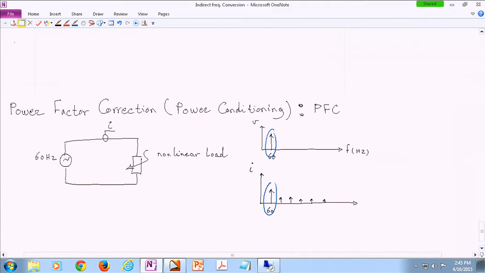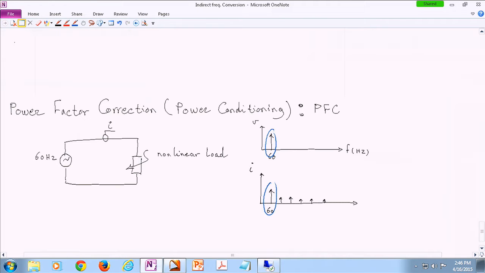So why is this bad? Because once you are drawing a lot of harmonics from your source, utility companies are going to have a problem. For instance, the local distribution transformer may get saturated because of these high frequencies. The other thing is extra losses.